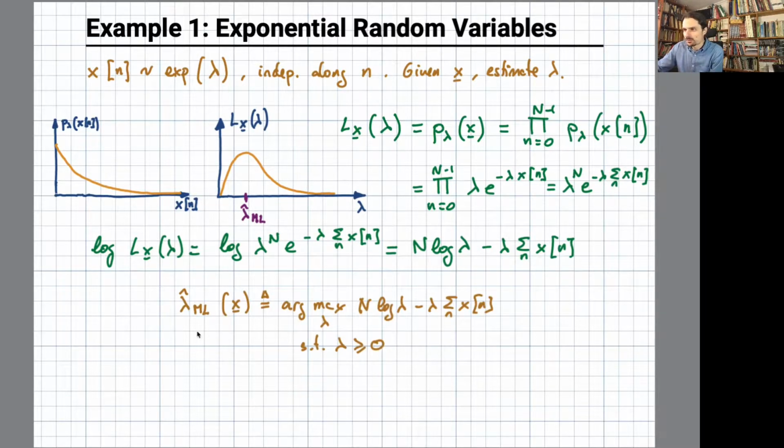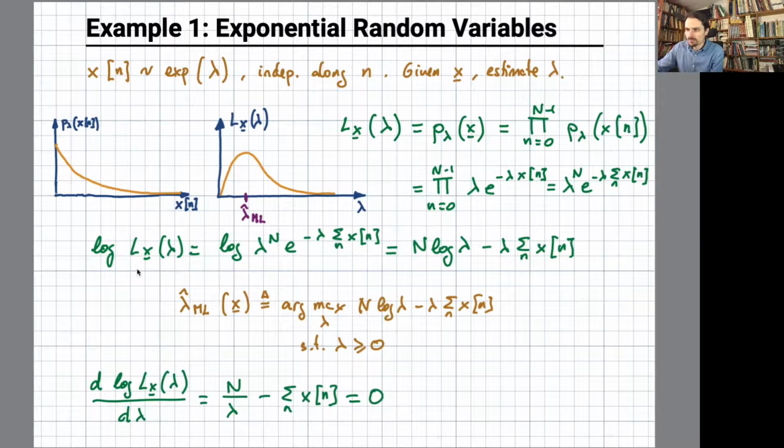And therefore the maximum likelihood estimate is the result of maximizing this expression over all non-negative lambda. And remember that the parameter of an exponential random variable has to be positive, and this is why we need this constraint.